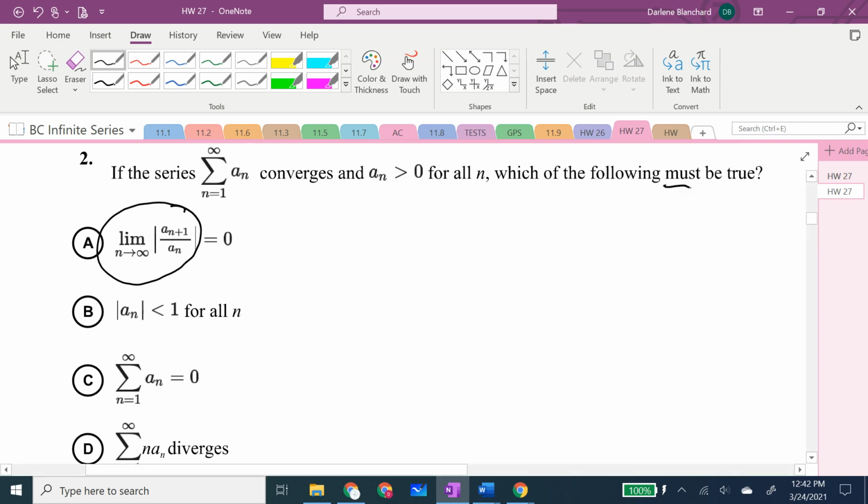And we're looking at must be true. You know the series converges. You know that a sub n represents only positive terms. I don't have to get an answer of 0 from my ratio test. That's not a must be true.